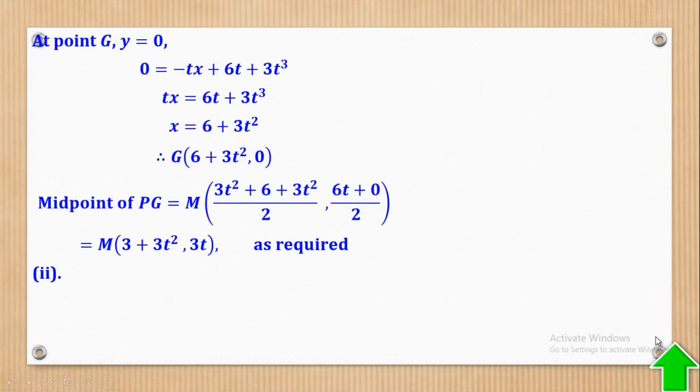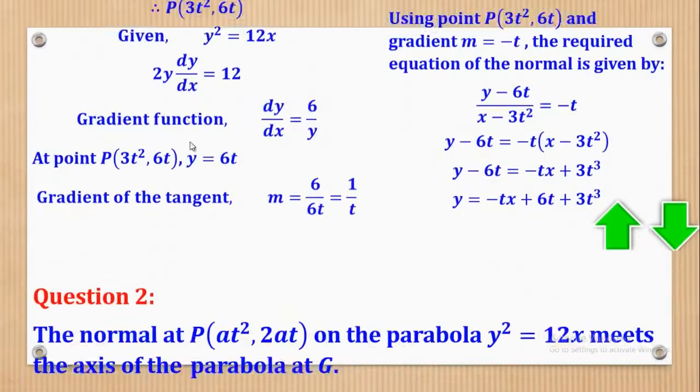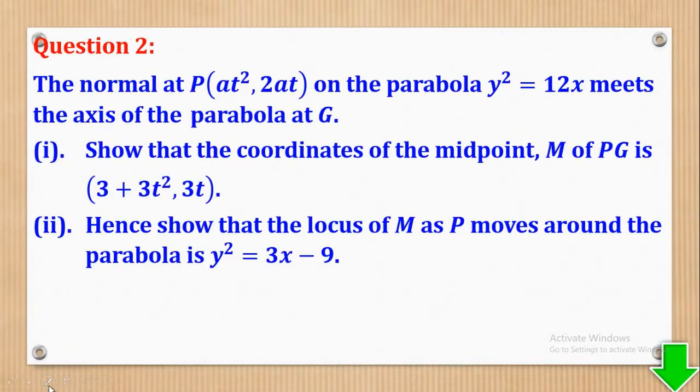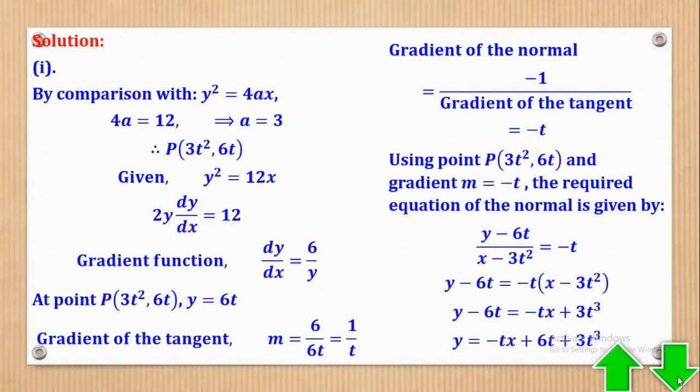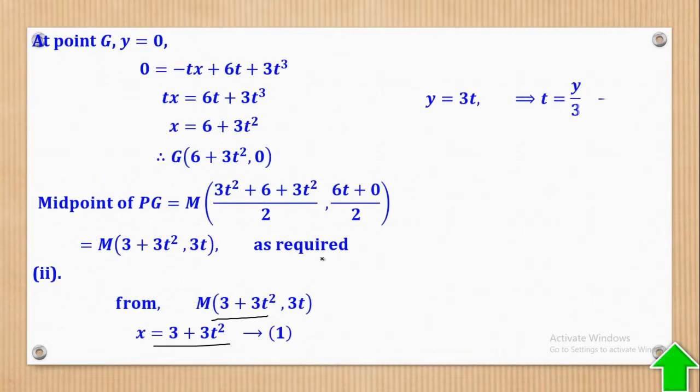And now we shall go to Roman 2. Roman 2 says, hence show that the locus M of M as P moves around the parabola is this. Now from this, we know that x is equal to this and also y is equal to this.